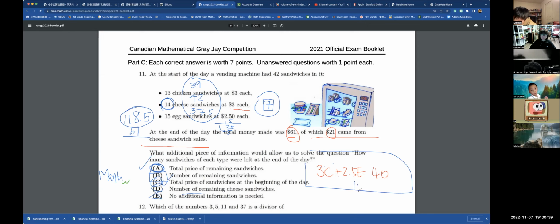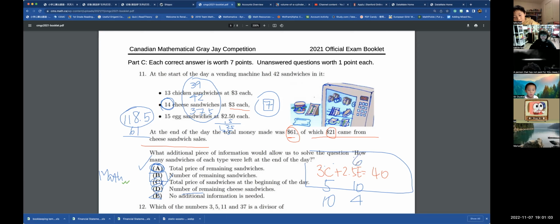Okay, for instance, we can sell 10 chicken sandwiches and 5 cheese sandwiches. We can also sell 4 egg sandwiches and 10 cheese sandwich. Chicken sandwiches. Get it? We can also do 20. No, not 20. There's not enough. So let's see.